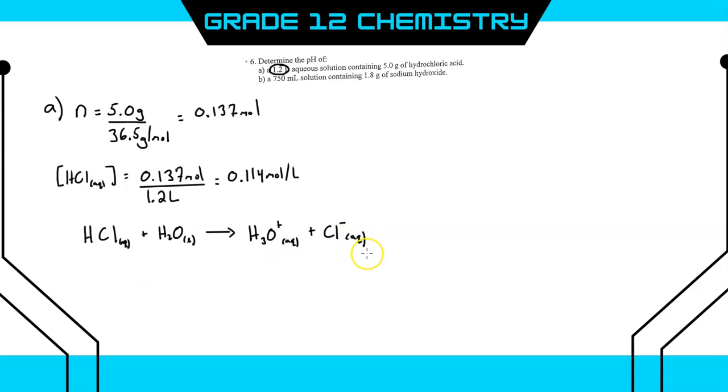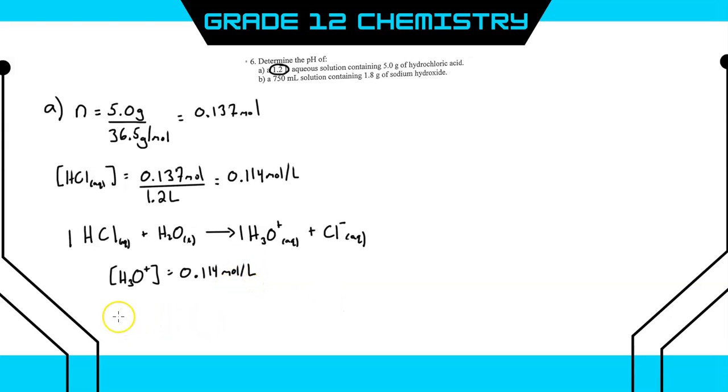So this is balanced. We've got this 1-to-1 ratio here, and since we know the concentration of hydrochloric acid, we therefore know our concentration of hydronium ions. It's going to be the same, 0.114 moles per liter.